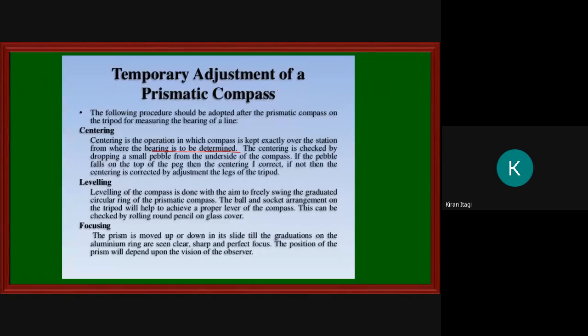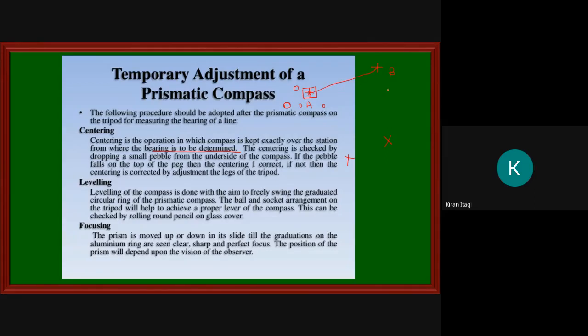Here I have station A, another station B, another station C, and another station D. Now I want to take the reading from station A to station B. So I should keep my compass exactly over this station. I can't keep my compass here or somewhere else. I should keep my compass over station A and take the reading towards B.